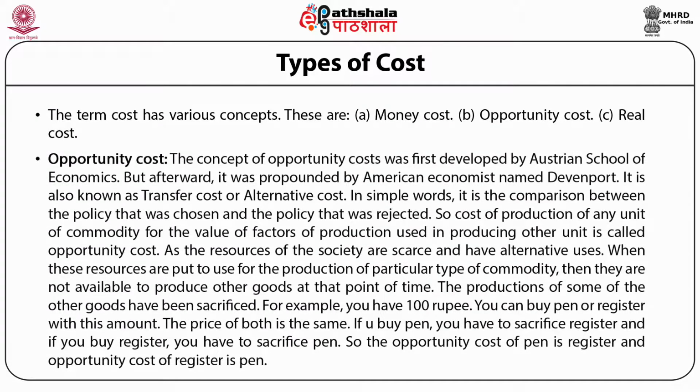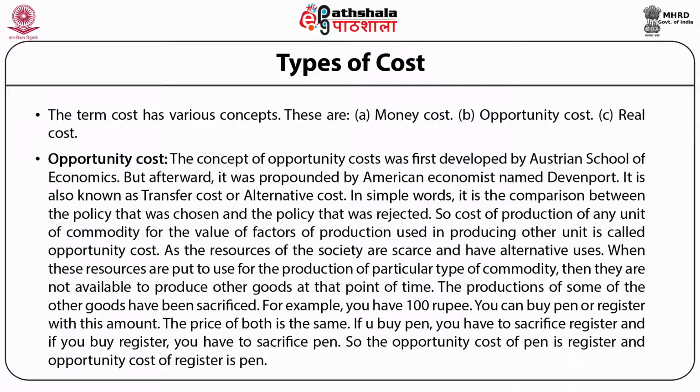Opportunity cost. The concept of opportunity cost was first developed by the Austrian School of Economics, but afterward it was propounded by the American economist named Davenport. It is also known as transfer cost or alternative cost.